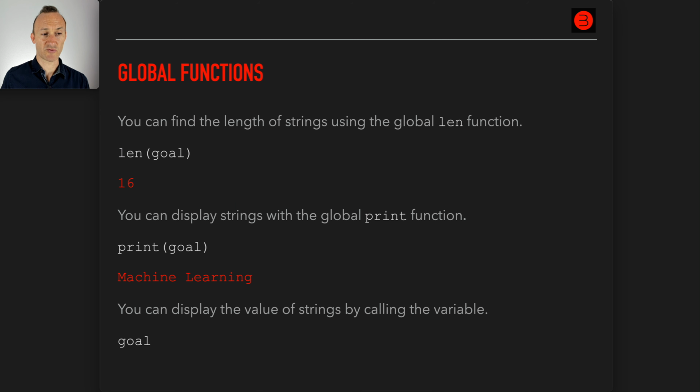For instance, you can just write goal and machine learning will show. You can see in this case the difference. It actually shows the quotation marks, whereas when you print it, it does not. And the difference there is that print is designed to display to a user, and when you input the variable, it has the value with the quotations included, usually for the programmer.